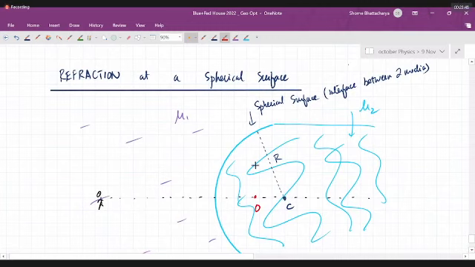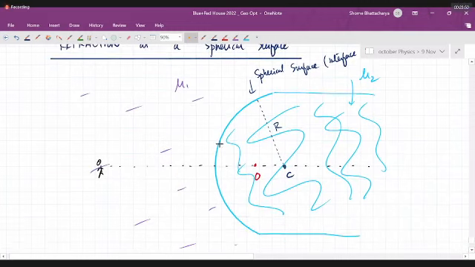So for example, in this case, if we imagine an incident ray like this, and if we assume that medium 1 is the rarer medium and medium 2 is the denser medium. So for a moment, we'll assume that over here. So this is the normal at the point of incidence. So this line is the normal.